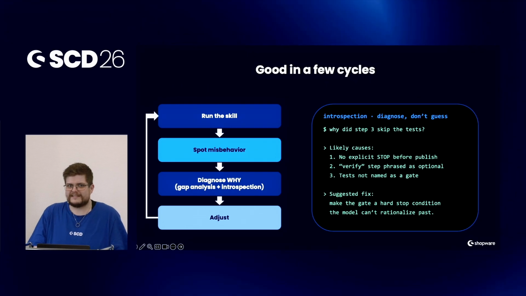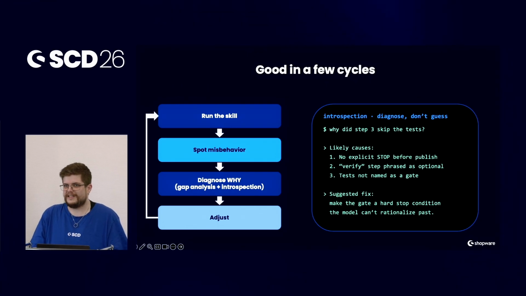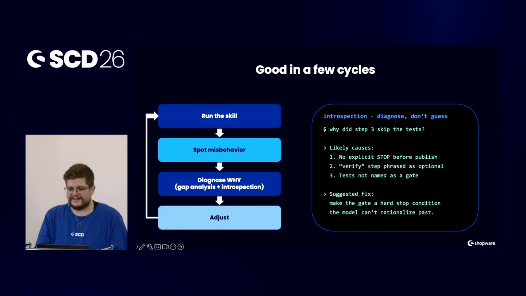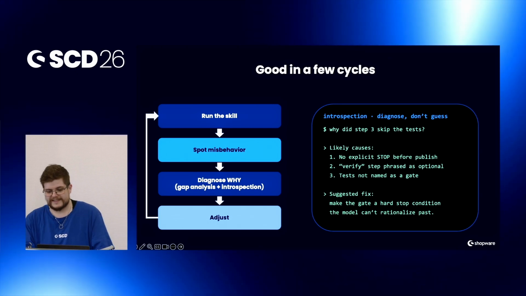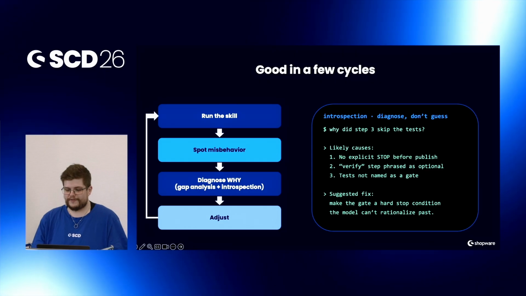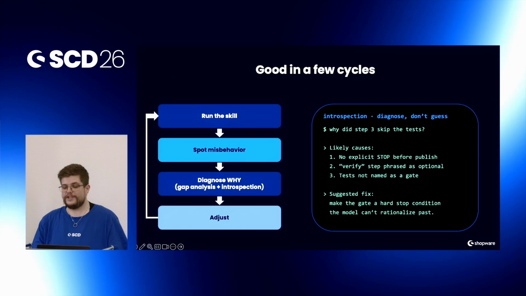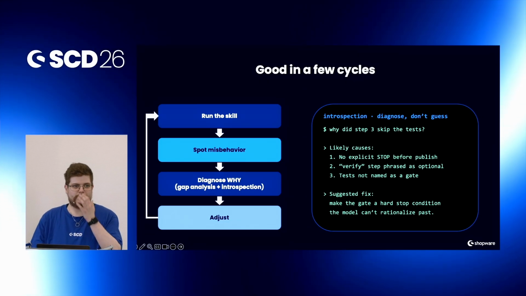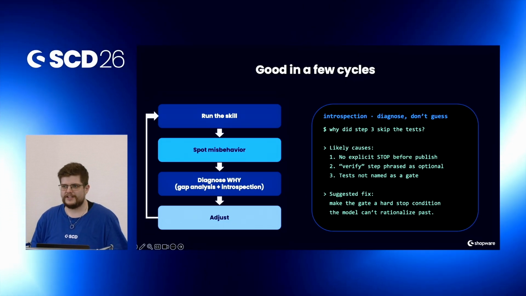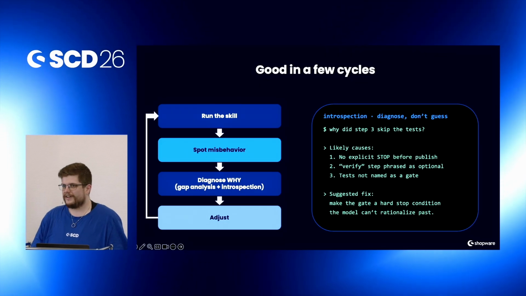As I said, skills don't work perfectly fine initially. And they get good over a few cycles. And for that, you have to run the skill and see where it misbehaves. We usually know that already from software development. You have to actually use your application to see what doesn't work.